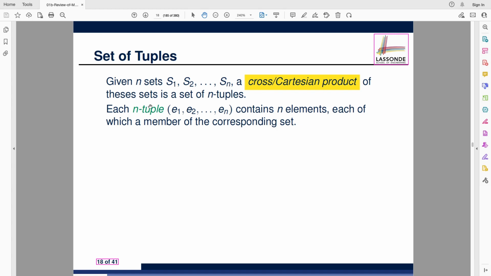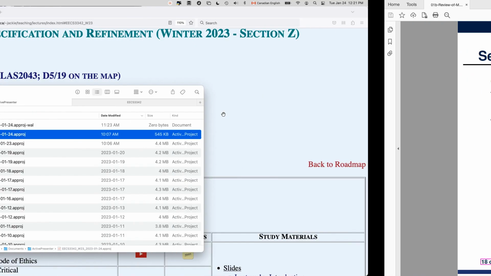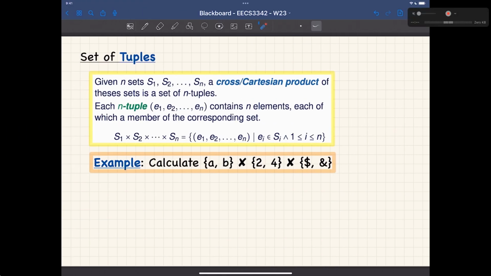And we talk about an n-tuple, if you have element 1, element 2, all the way to element n. Of course, in the case of relation, it's going to be element 1, element 2. Okay, special case. Let's look at this definition here, and then we'll do one example together to make sure it's clear.